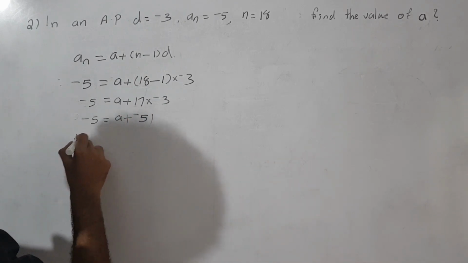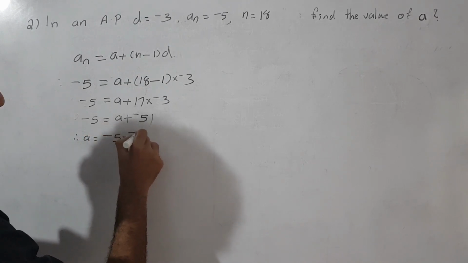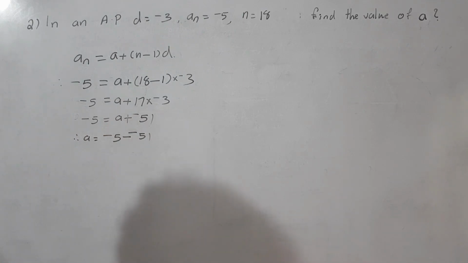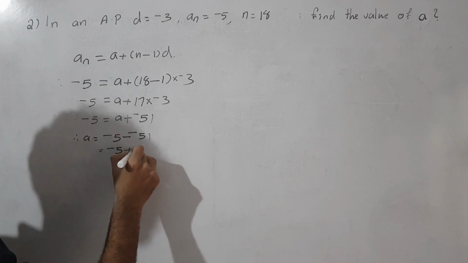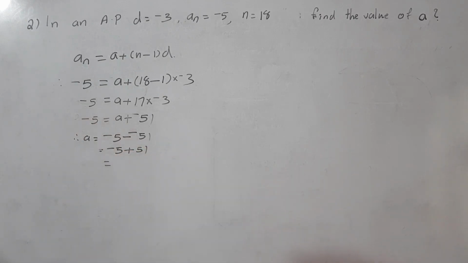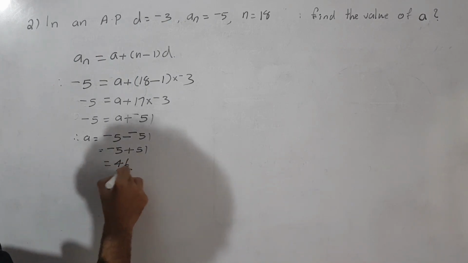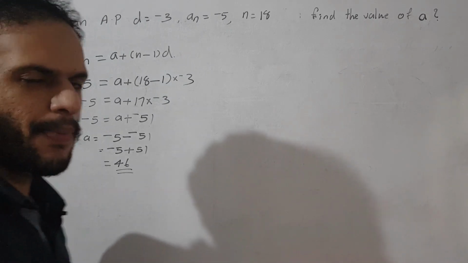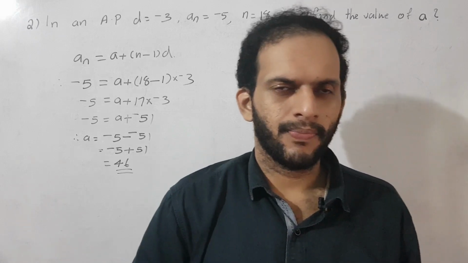Okay, therefore a is equal to minus 5 plus 51. Correct? Minus 5 plus 51 is equal to 46. So what is the first term of this AP? The first term of this AP is equal to 46.